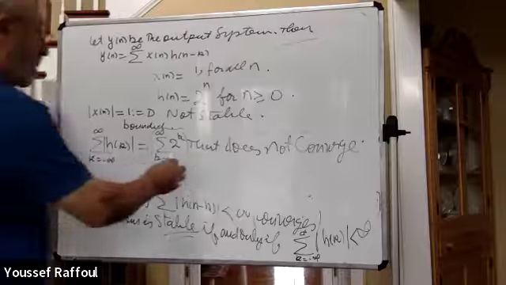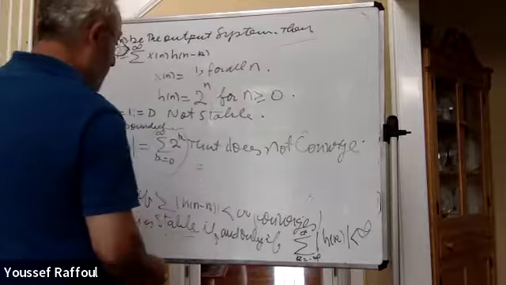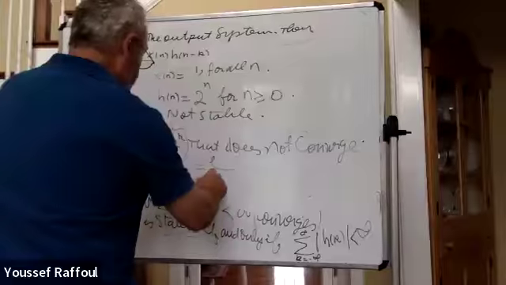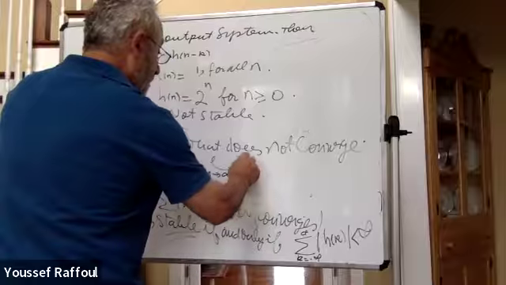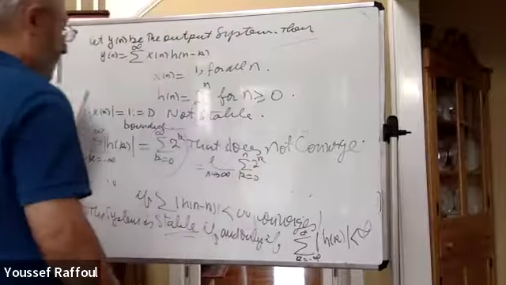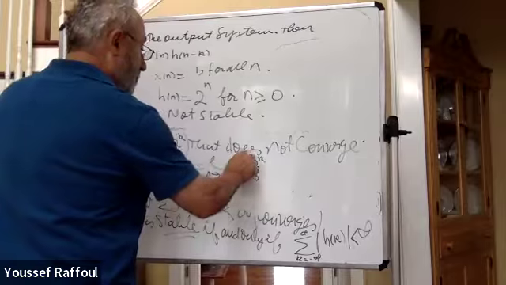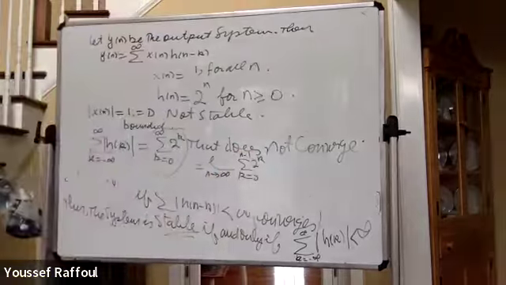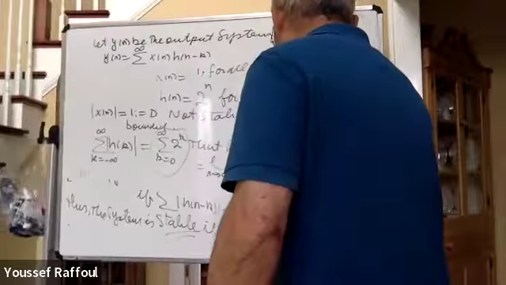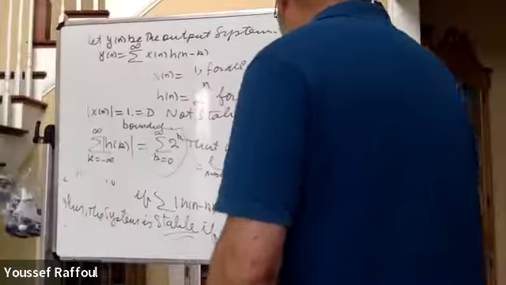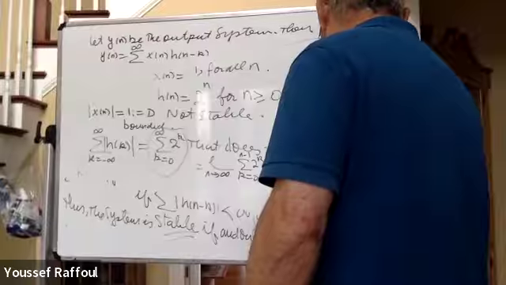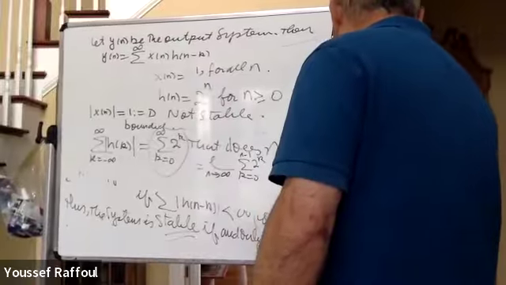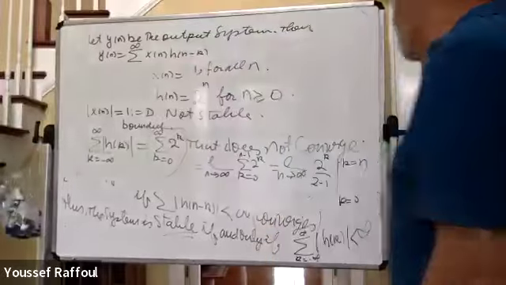How would you know that this is not bounded? Remember, this is the limit as n goes to infinity of the sum from k equals 0 to n minus 1 of 2 to the power k. And that is the limit as n goes to infinity of 2 to the power k over 2 minus 1, from k equals 0 to k equals n.